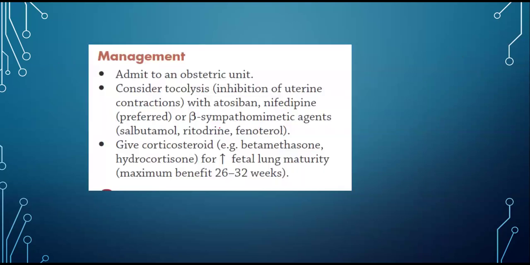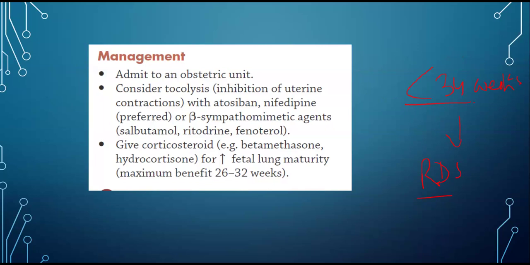So what is the treatment for a preterm labor? The problem is that if the baby is premature, especially less than 34 weeks, the baby will not have enough lung maturity and there is a risk of respiratory distress syndrome. So ideally, if you get a preterm labor, you would at least try to prolong the labor up to 34 weeks if you can.